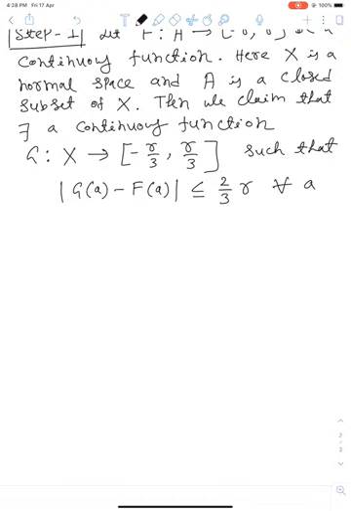No, because F is not defined on X. F is defined on A. So the difference is less than or equal to 2/3 times r for all a belonging to A. Now we will prove this.